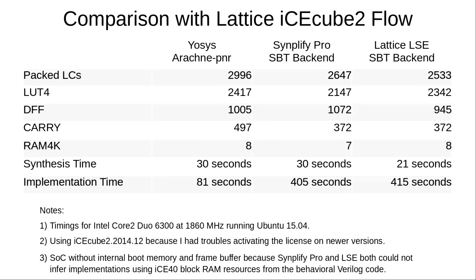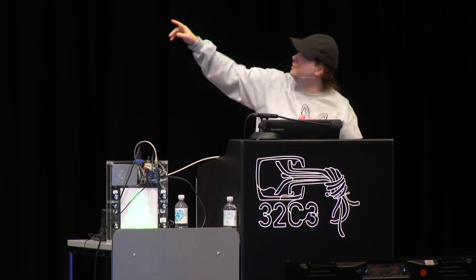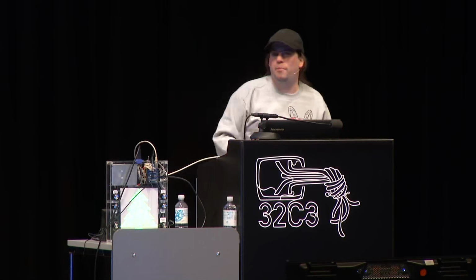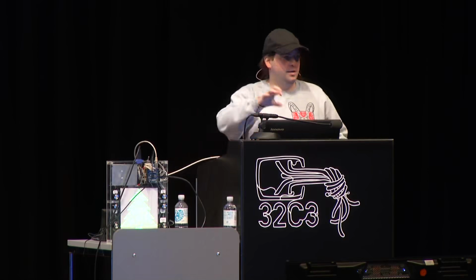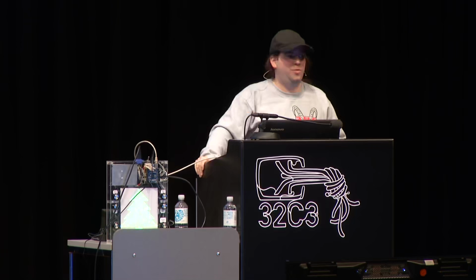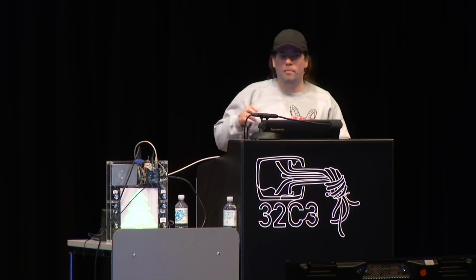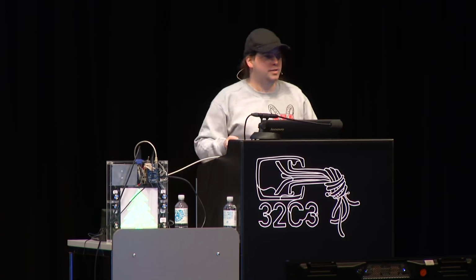So when I used my design as it was with Yosys and Arachne PNR, I had something like 22 block RAMs, but the other two toolchains had also 7 and 8 block RAMs like here, but like 80,000 lookup tables because they fall back to using the logic resources to implement those memory resources because they didn't know how to infer memory with byte enable for writes or infer memories with complex read enables.